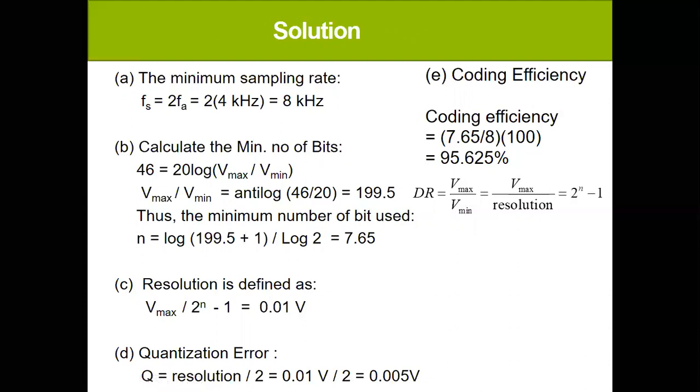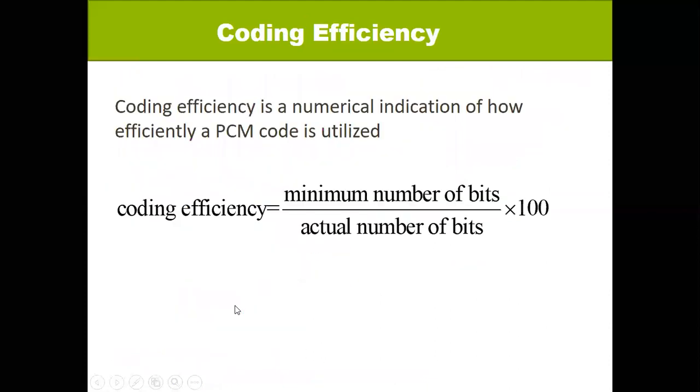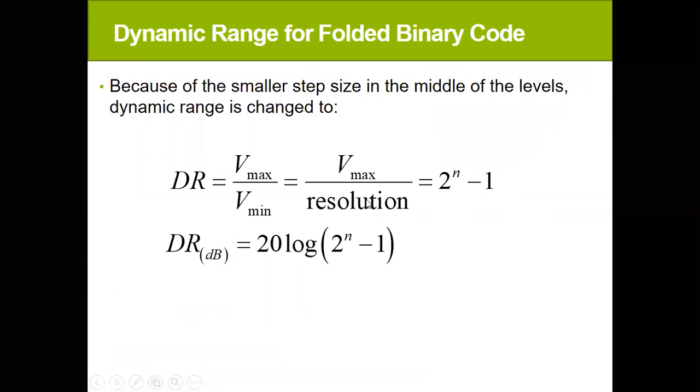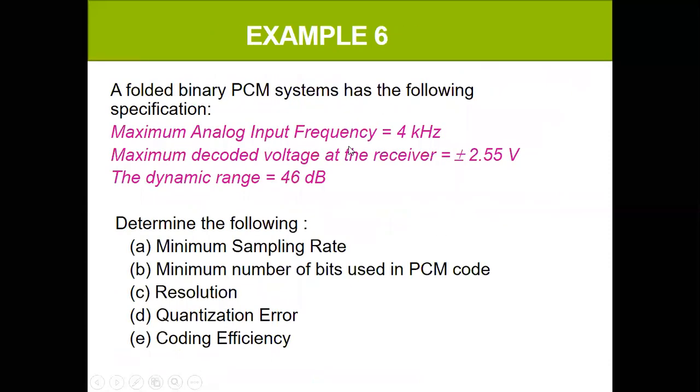Okay, now the resolution. What is the resolution? Resolution can be defined by Vmax divided by 2 to the power n minus 1. So Vmax divided by 2 to the power n minus 1 equals resolution. The n value we know, and Vmax is also given in the question, 2.55 volt.